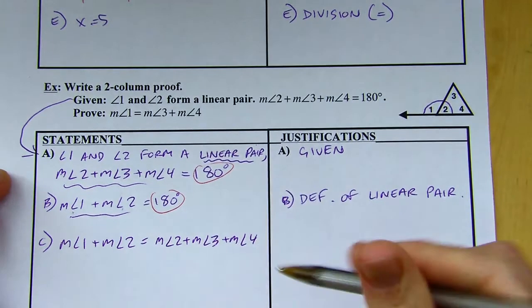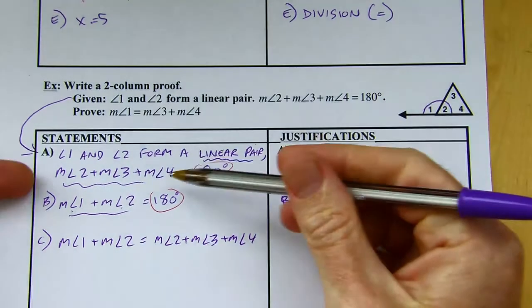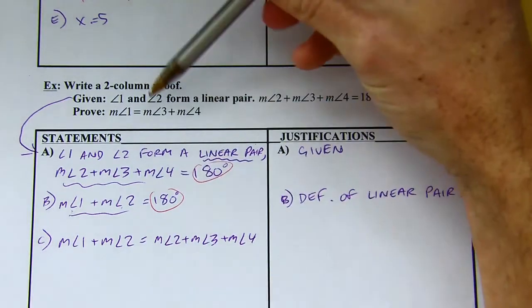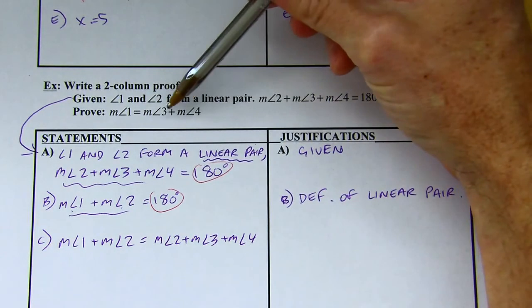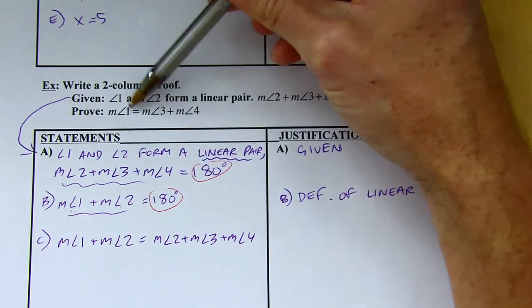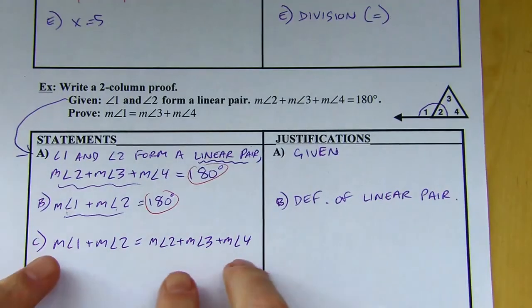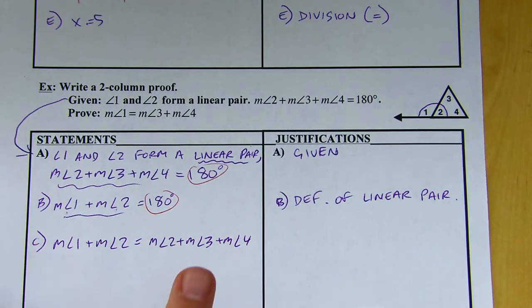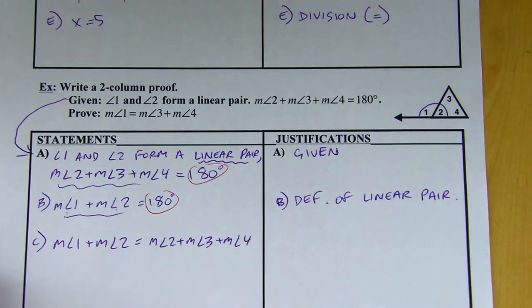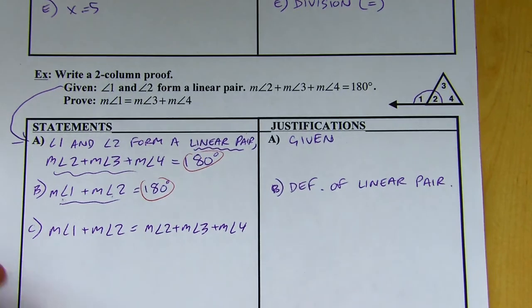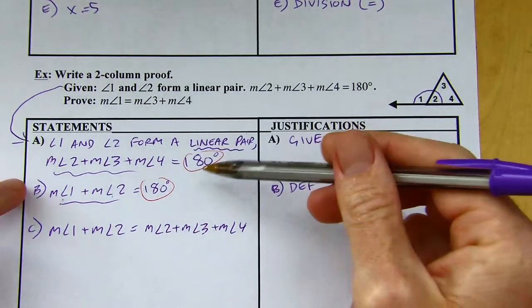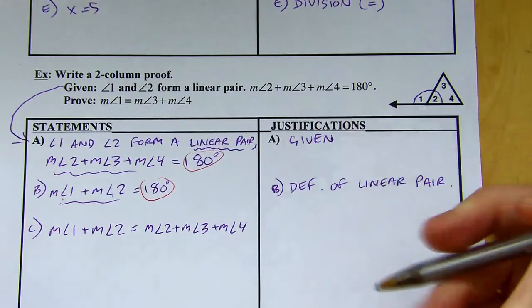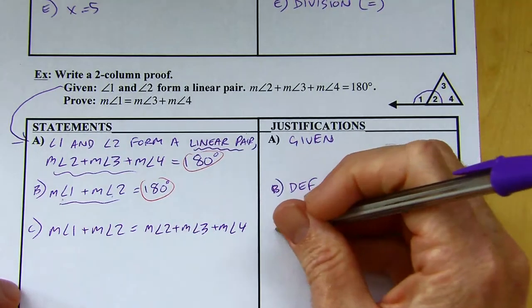Okay. Now I could have flipped this around. I could have written that on the left, but I was just looking at what I was trying to prove, and I noticed that angles 3 and 4 are on the right and angle 1 is on the left, so I just set it up that same way. But you could always use the symmetric property to flip it around if you need to. Anyways, I've got those two underlined things, both equal to 180 degrees, so they're equal to each other.